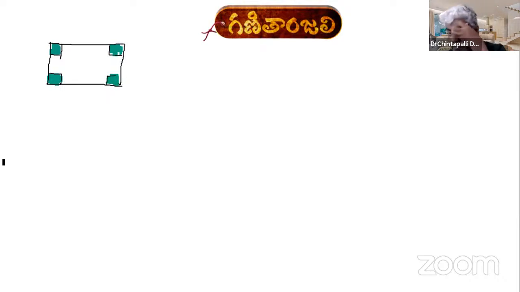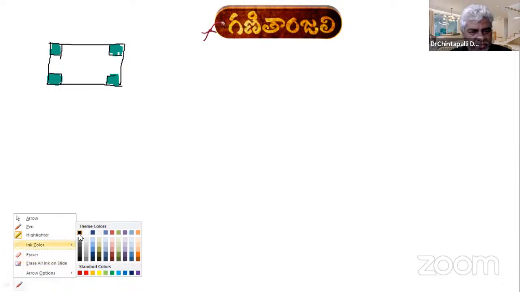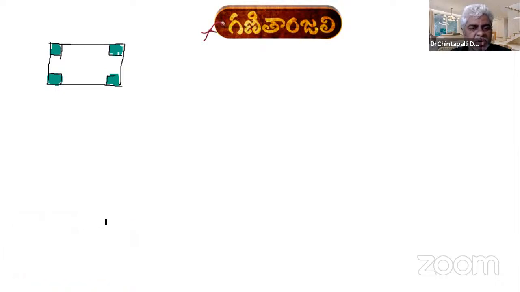After removing that, it is made into a box like this.